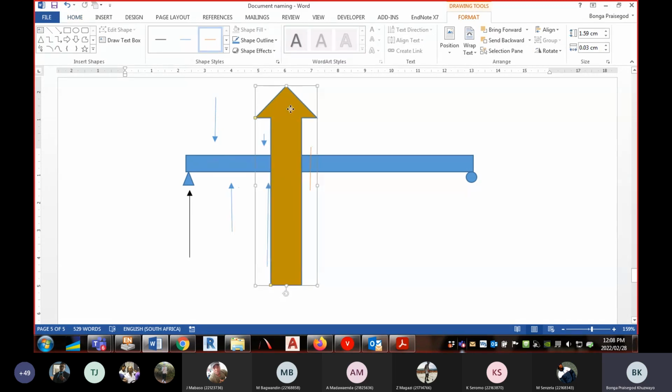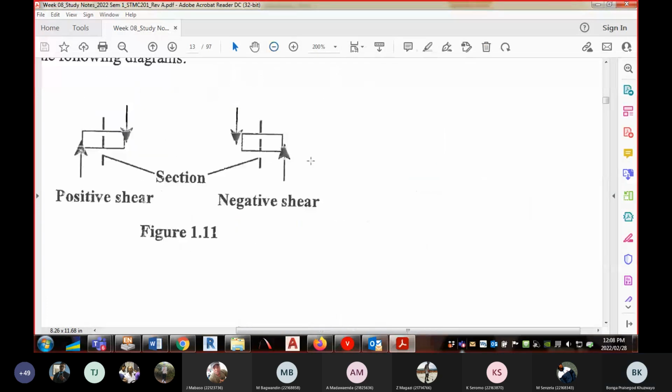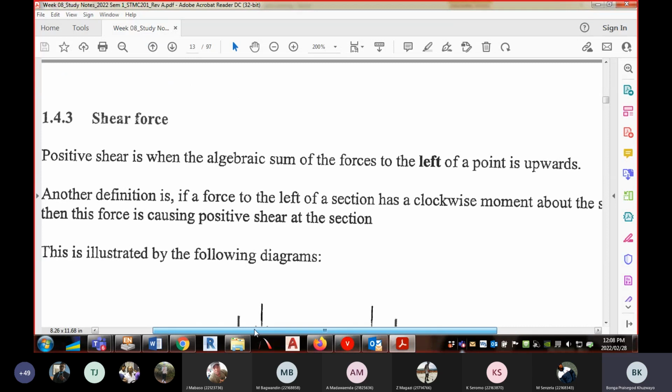So let's go back to the statement. What is the statement saying? Positive shear is when the algebraic sum of the forces to the left of a point or a section is upwards.